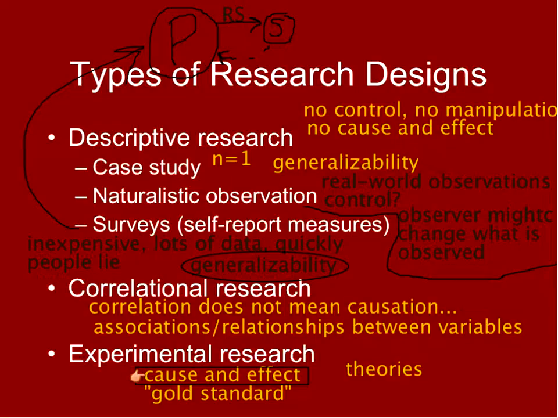Good question. The reason that we don't do experimental research every single time, and we do correlational research instead, is when we're looking for these associations or relationships between variables, sometimes we're looking at variables that we can't, won't, or should not manipulate.